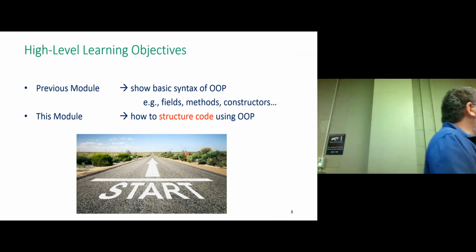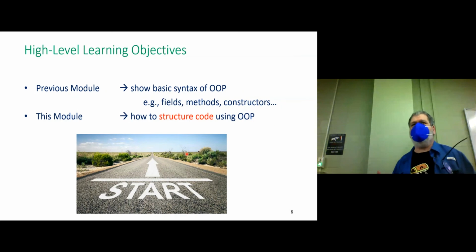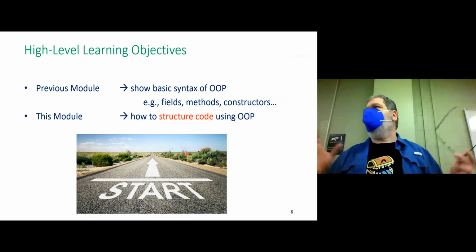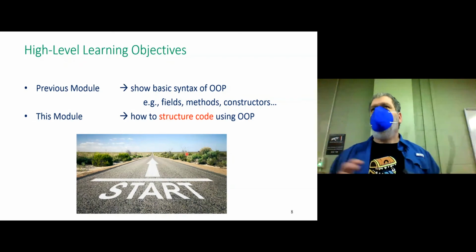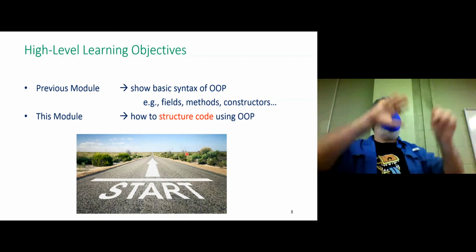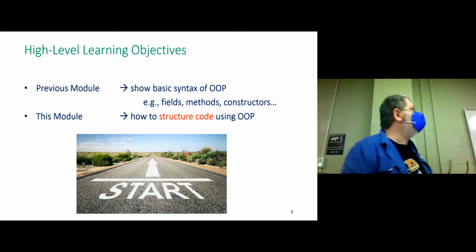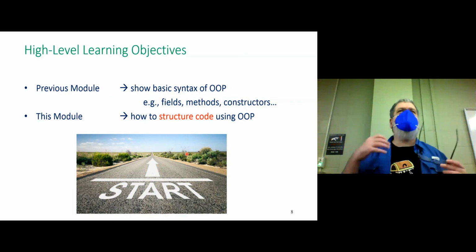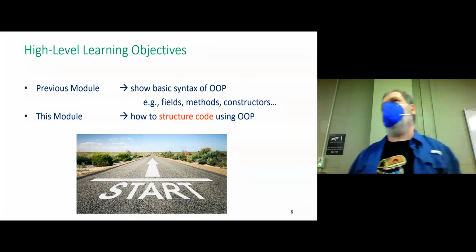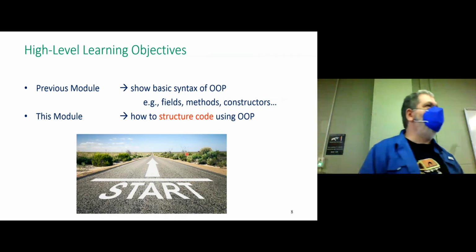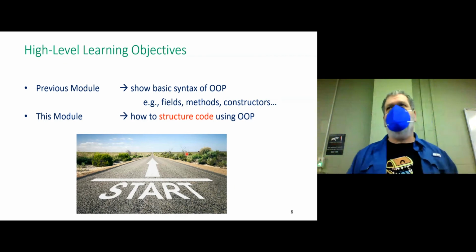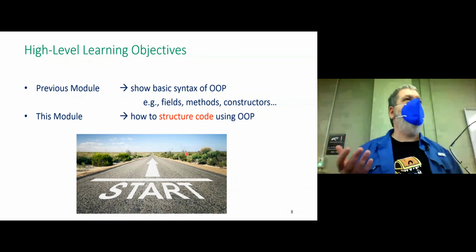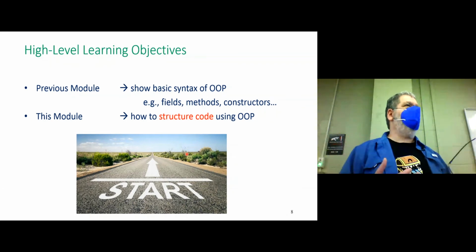The content of this module is a little vague, okay? Like I said, I'm guessing the author of the textbook needed a chapter where a bunch of little tools were going to be introduced, and then you needed something to wrap it up with a nice bow. So the concept here is, while in the previous chapter we looked at the basic syntax of object-oriented programming, constructors, methods, attributes, visibility modifiers, all that good jazz, here we are going to take a little higher level perspective and talk about how to structure the code.